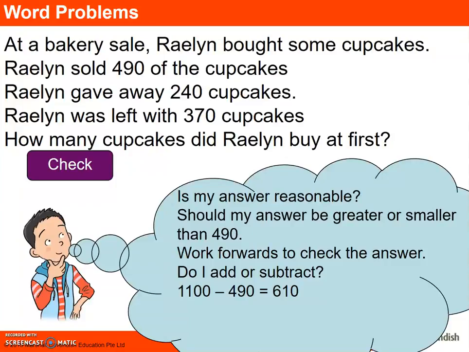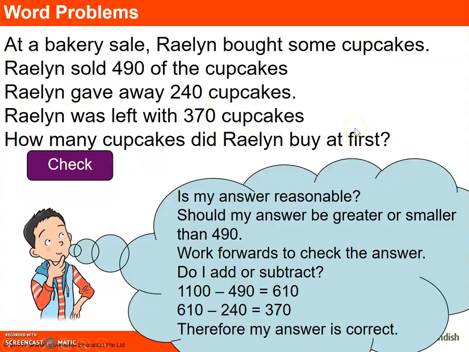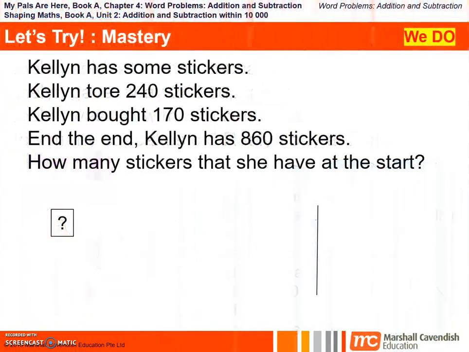No, I still have some cupcakes that I gave away, that Raylene gave away actually. So 610 I will subtract with 240 and I get 370, which is the number of cupcakes that Raylene is left with. So therefore my answer is correct. Well done.